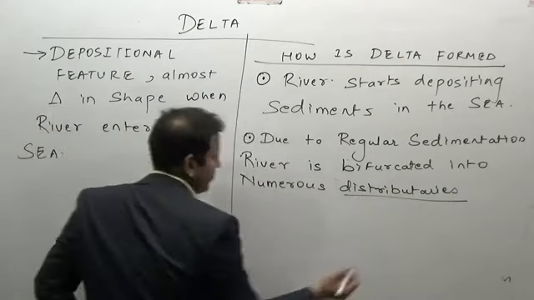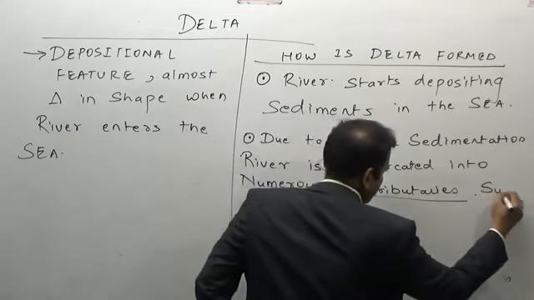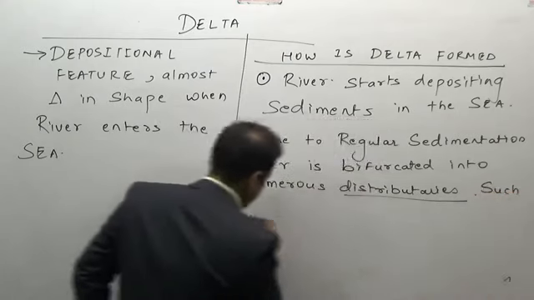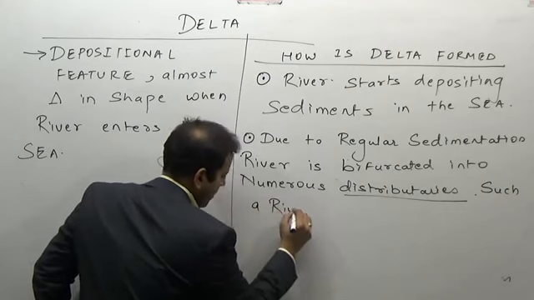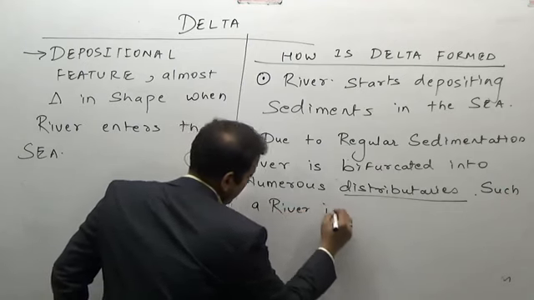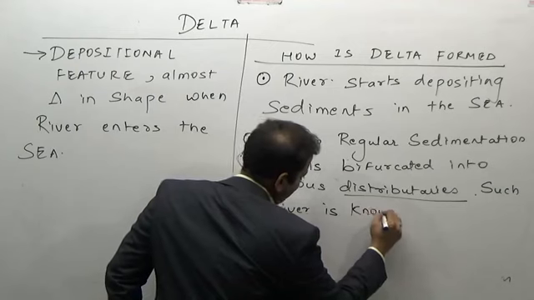Such a river is known as a braided river.